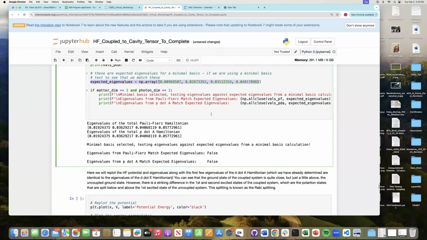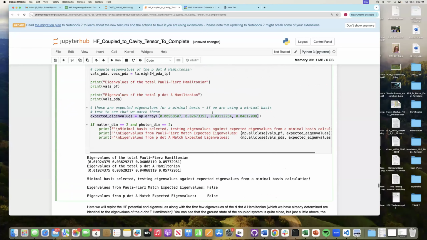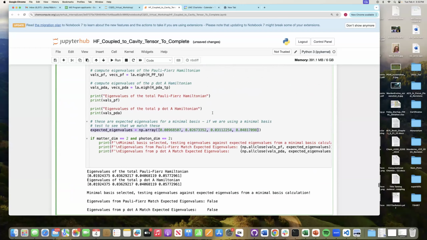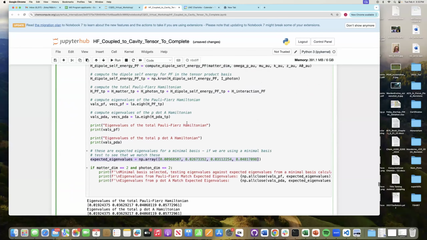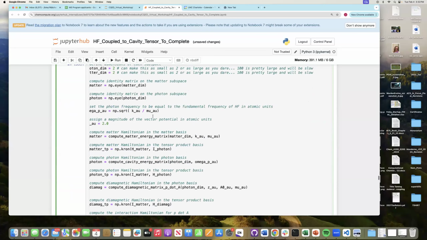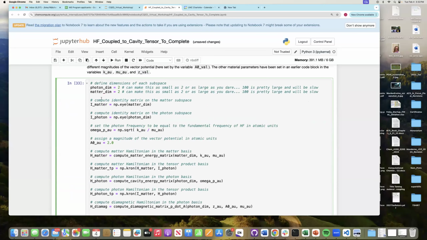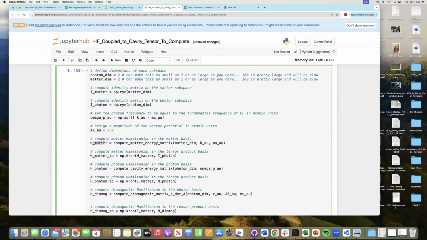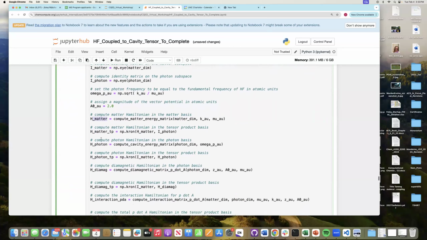Okay, so now let me also explain something right now. What do we do here, right? We built each of these submatrices in what I would call a minimal basis, so just 2 photon states, 2 matter states. And so right here, we're building the matter Hamiltonian.